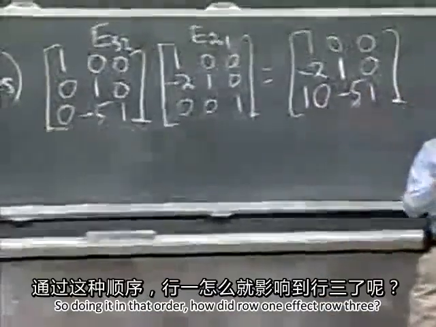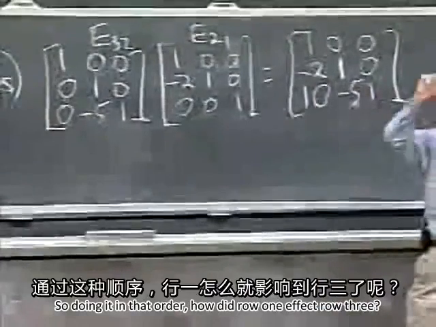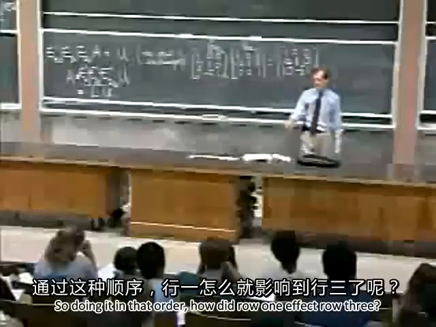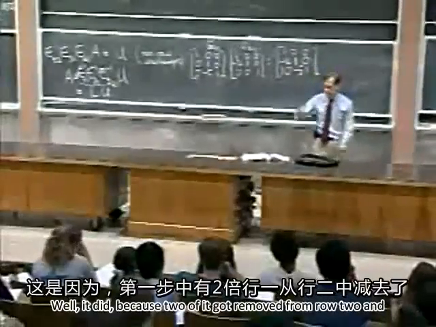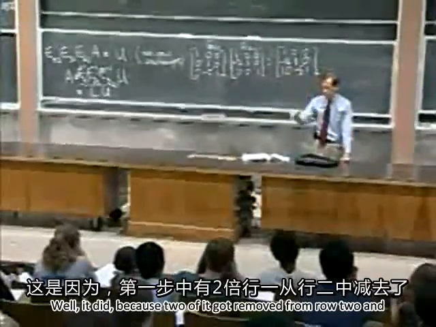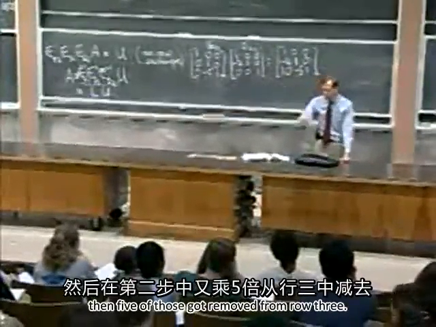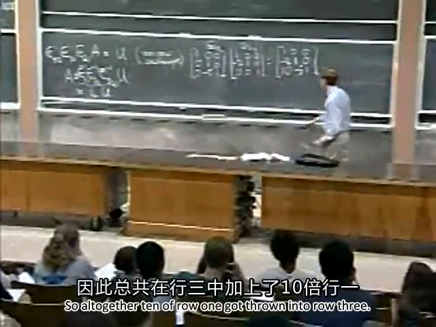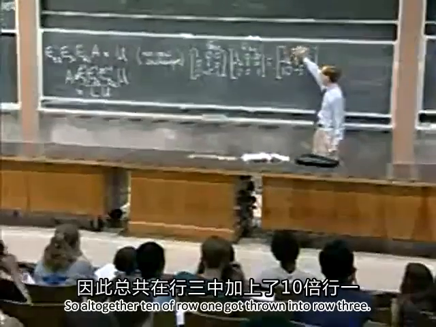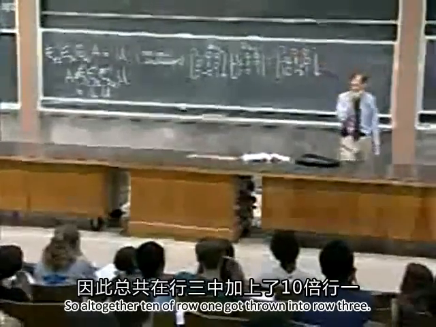So doing it in that order, how did row 1 affect row 3? Well, it did, because 2 of it got removed from row 2, and then 5 of those got removed from row 3. So altogether, 10 of row 1 got thrown into row 3.